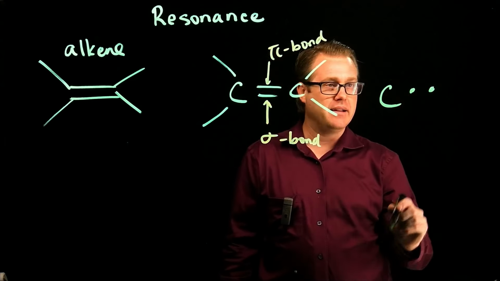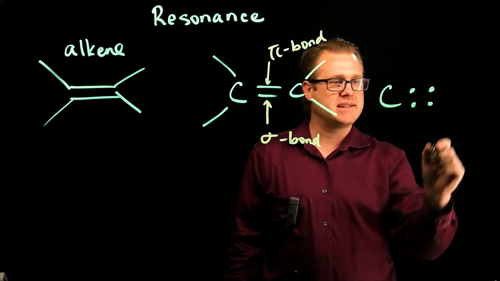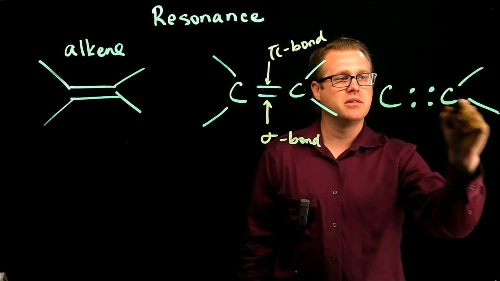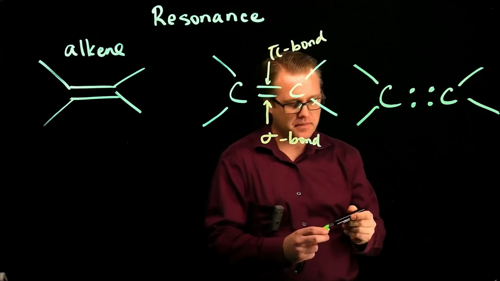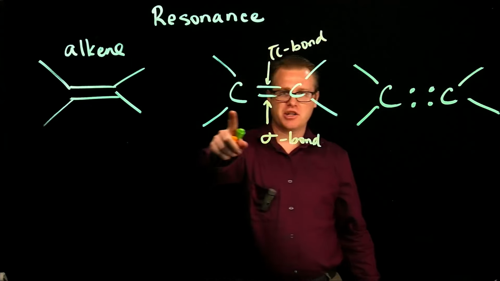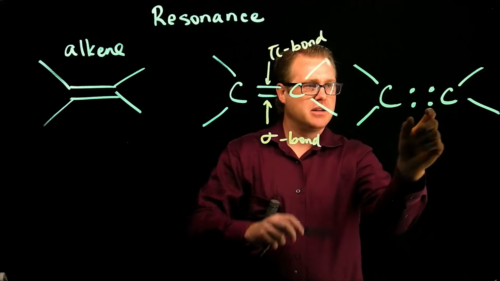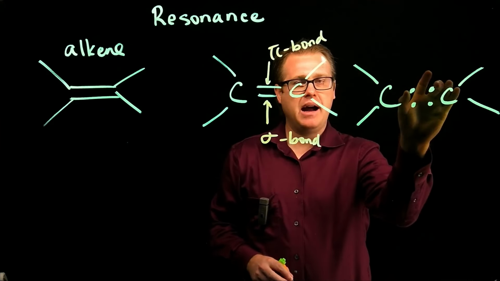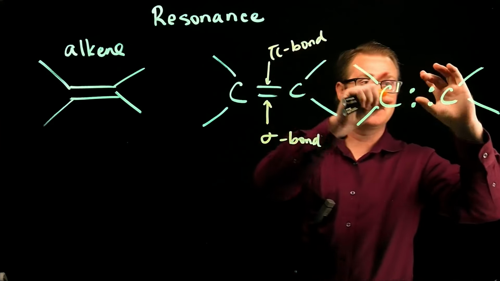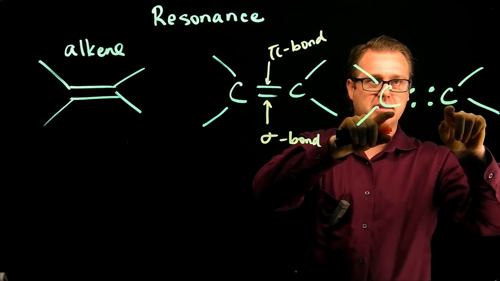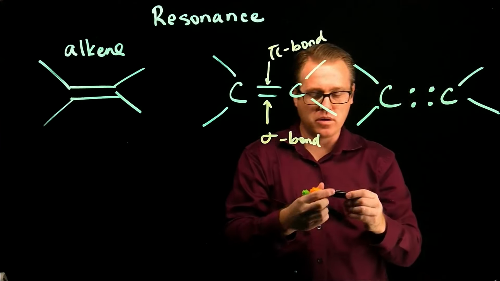So there's the pi electrons, and there's the sigma electrons, like that. And in this structure right here, these sigma electrons and these pi electrons stay in between the two carbons. They're localized.